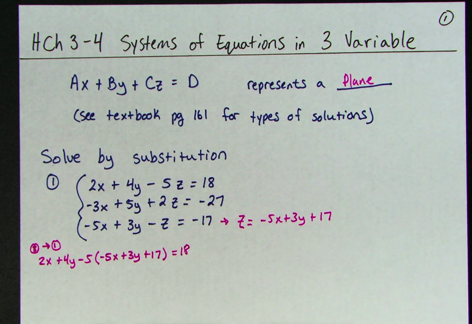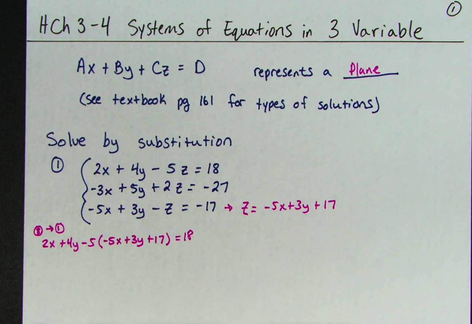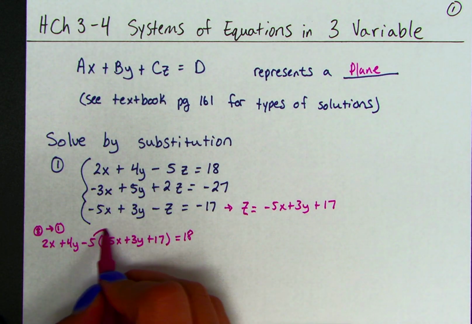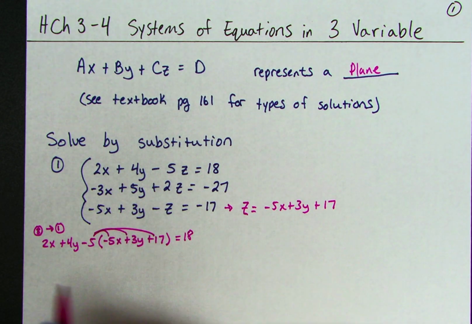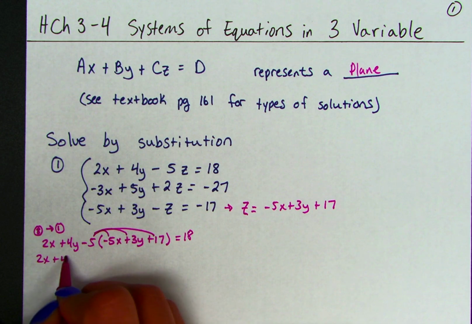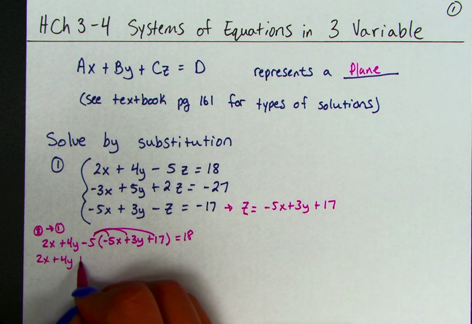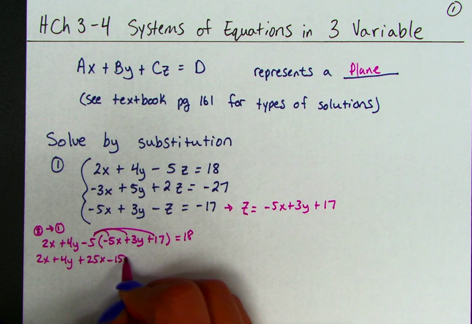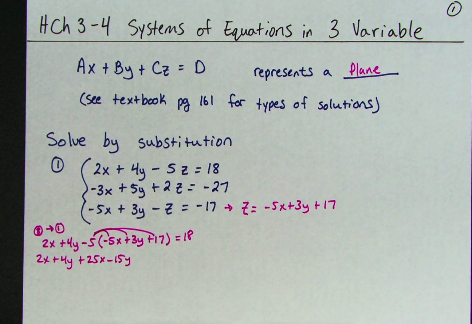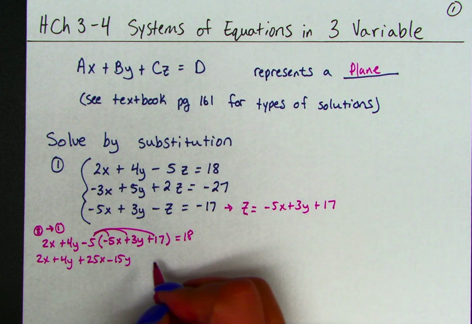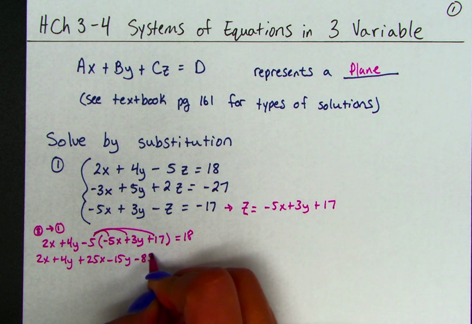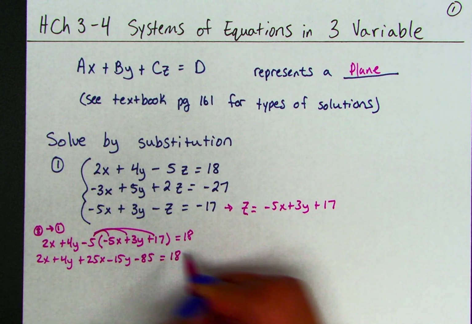Now I'm going to simplify until I can't. So I'm going to distribute. So this will be 2x plus 4y, and then plus 25x minus 15y, and then negative 5 times 17 is going to be negative 85 equals 18.